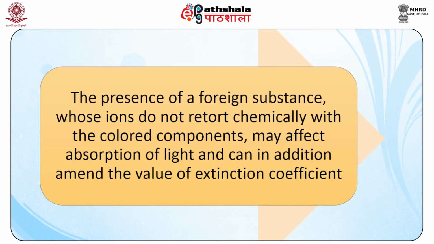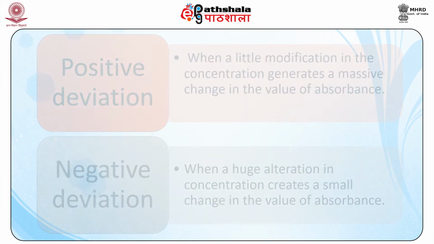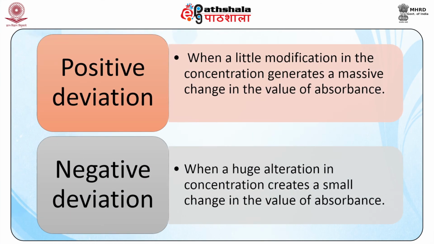The presence of a foreign substance whose ions do not react chemically with the colored components may affect the absorption of light and can in addition amend the value of the extinction coefficient. There can be two types of deviations from the Beer's law.